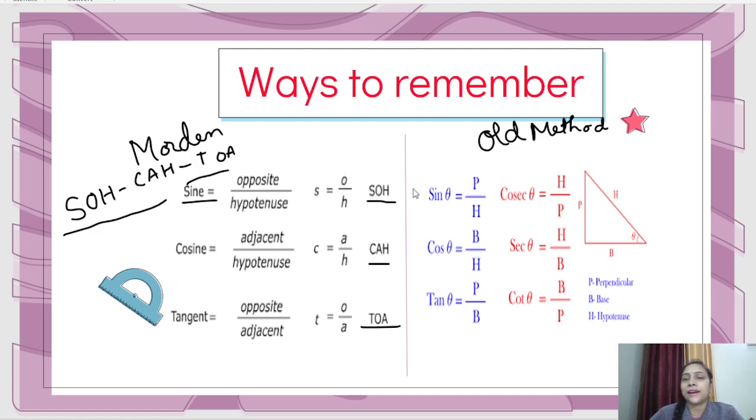And here you can see the old method. This side we are considering as perpendicular because it makes 90 degrees with the base. The short form of perpendicular is P, and it is the same as before for hypotenuse, and base.